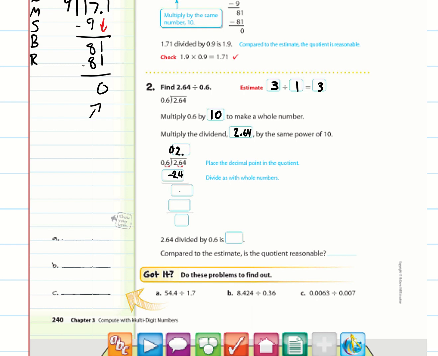I'm going to subtract. It's going to be 2. Bring down the 4. 6 goes into 24 4 times. And then 4 times 6, 24, and that's going to equal 0. So 2 and 64 hundredths divided by 6/10 is going to be 4.4. So 4.4 and the estimated 3, those are close. So I can say yes, my quotient is reasonable.